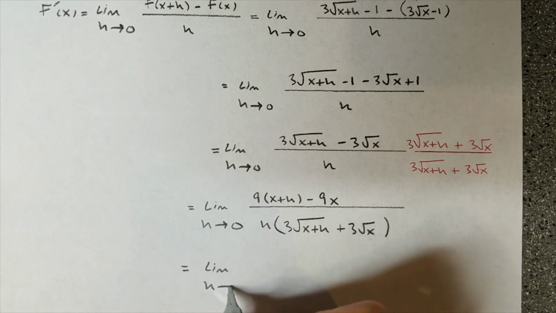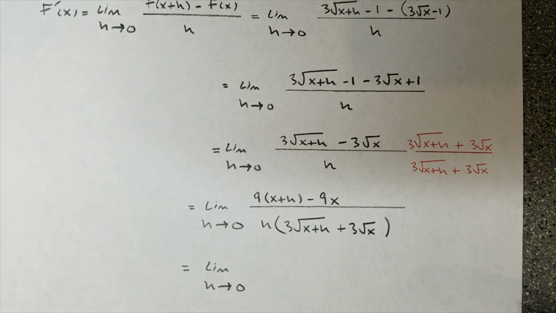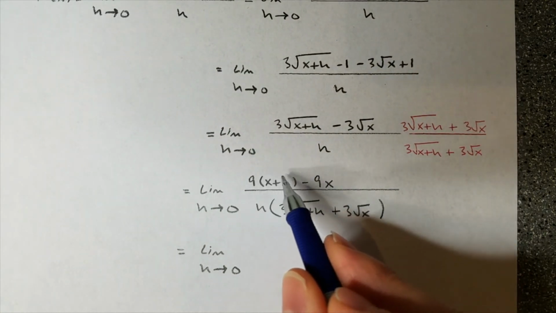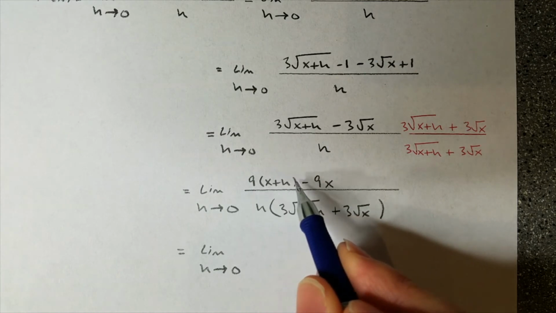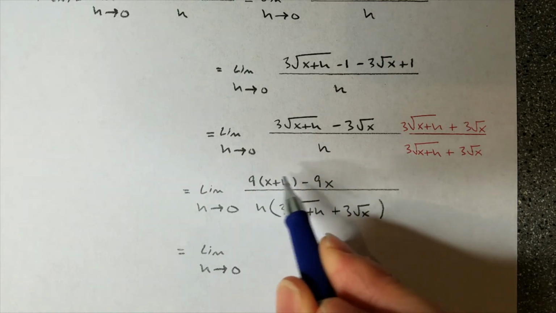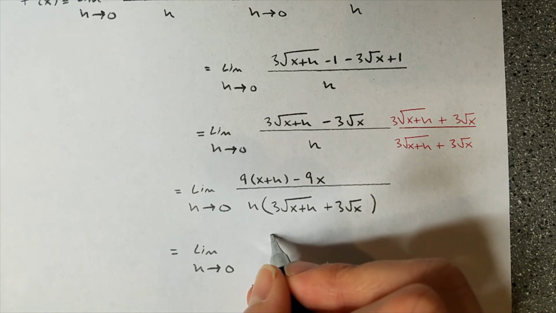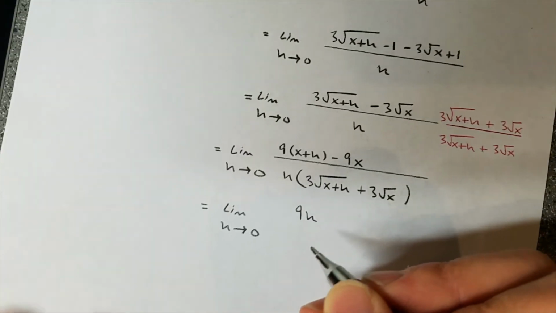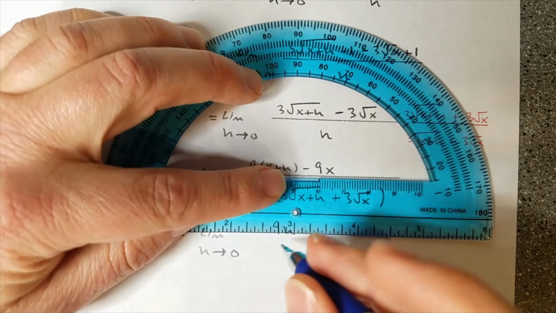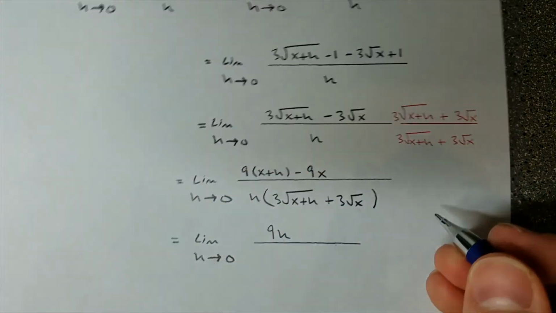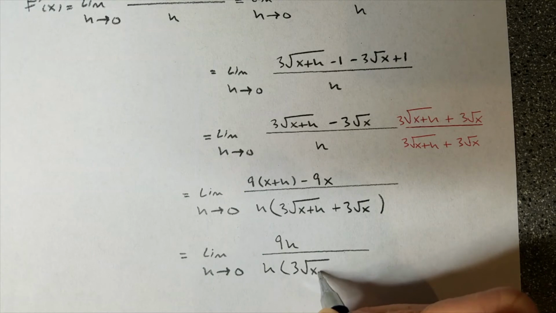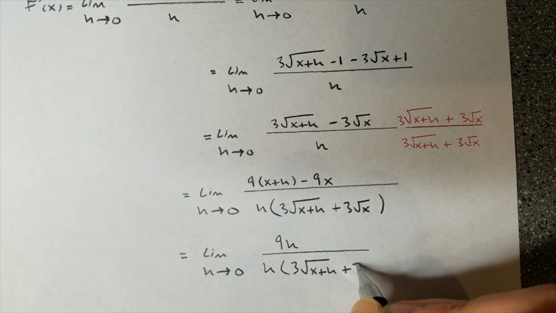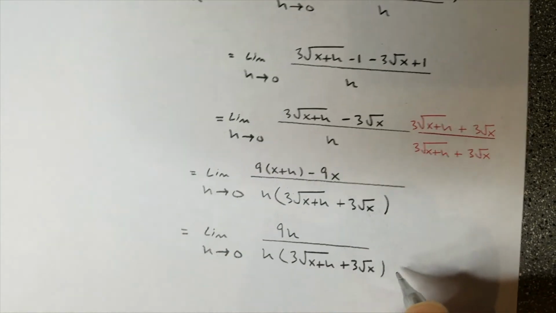What else cancels? What else can we combine? Imagine if you distributed that 9. It would be 9x plus 9h minus 9x. Oh, the 9x's are going to cancel. We'll get 9h. That's all that's going to be left on top. Then we'll get an h down here, a 3 root x plus h plus 3 root x.